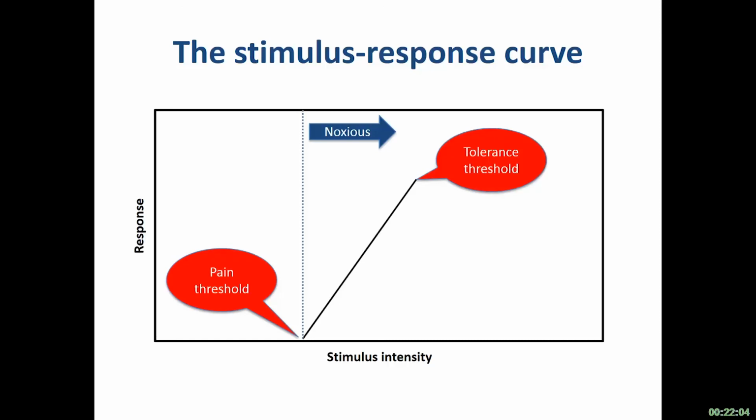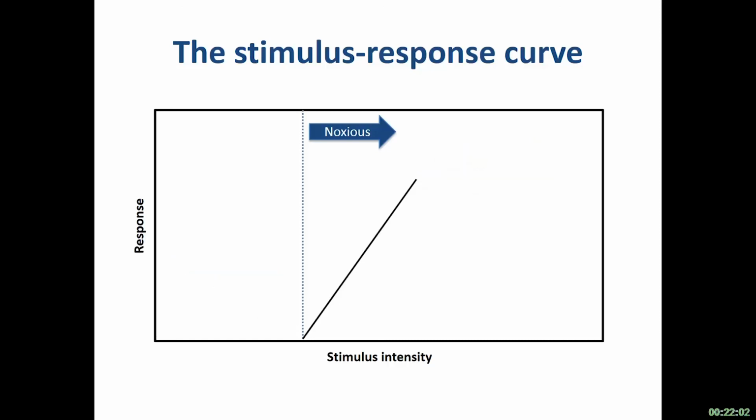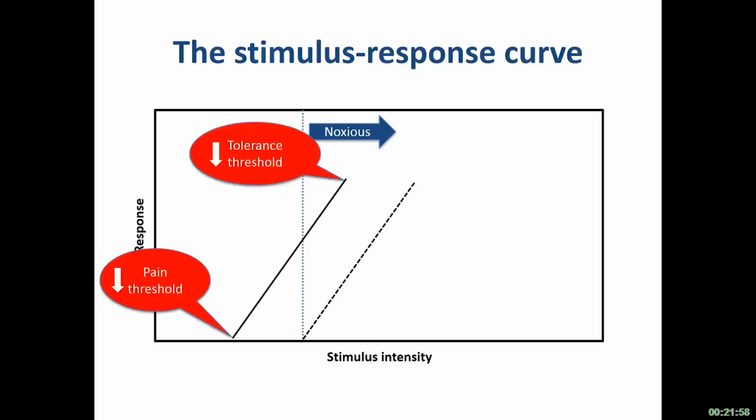However, if we have a sensitized pain system, we may see a leftward shift in this stimulus-response curve, where we have a reduction in pain thresholds and a reduction in tolerance thresholds. So we now have what we call a hyperalgesic state of the pain system. The patient reports more pain for a given stimulation intensity as compared to their healthy counterparts.